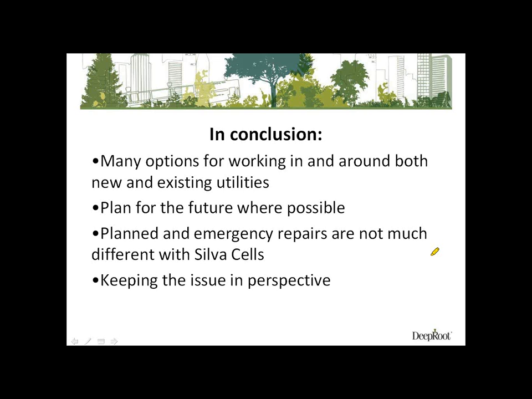So what we recommend is putting root barrier around the inside of the tree opening, just down from the top of the finished pavement, so you cover that zone of aggregate underneath, so that when the tree roots grow out, they grow down deep into the Silva Cells, and then they find the soil they want, and they stay down there.